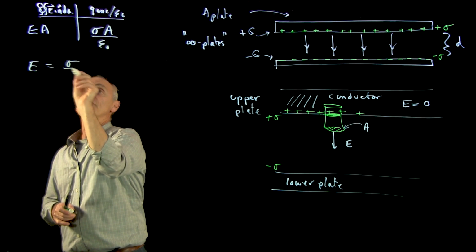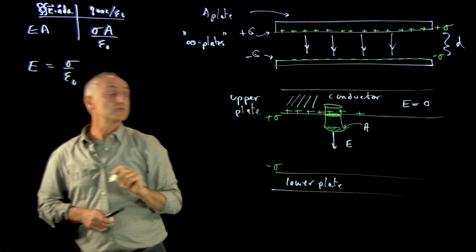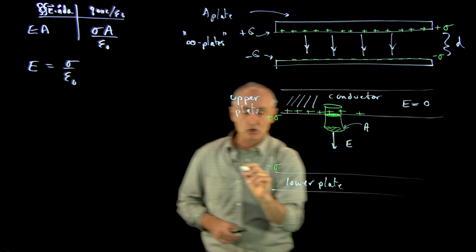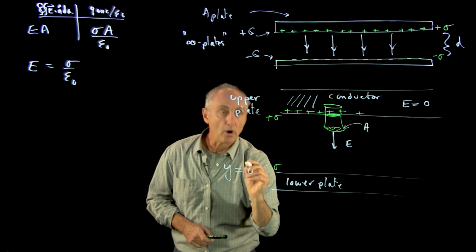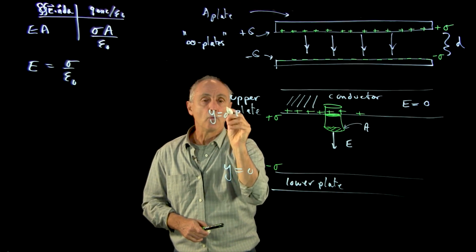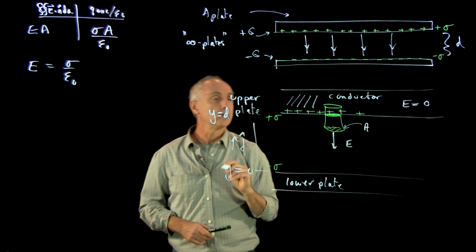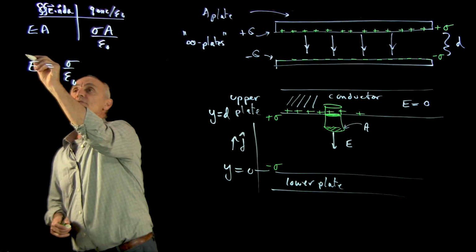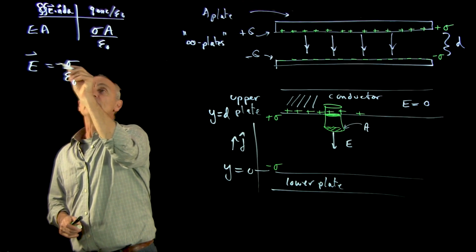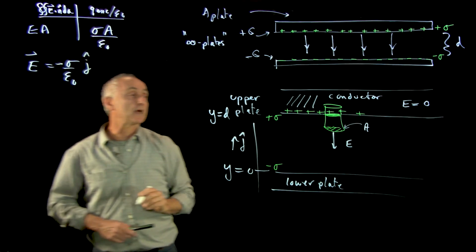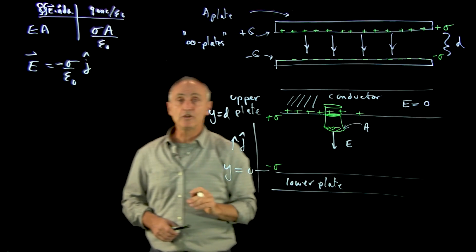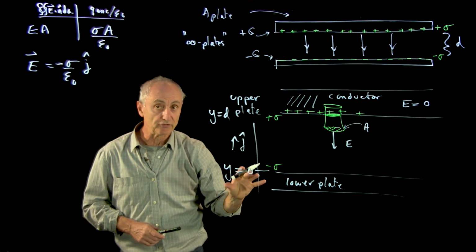And so we see the E field is given in magnitude by that. Now, I'm just going to choose a coordinate system, y equals 0, y equals d, positive j hat is up. And so as a vector field, this is in the negative j hat direction. And so that's the electric field for the capacitor. We've done this calculation before.